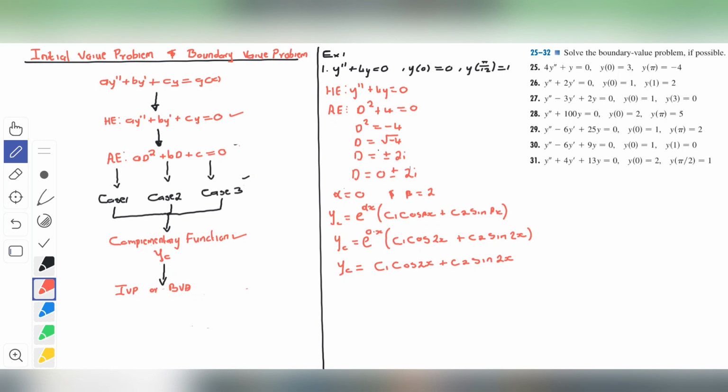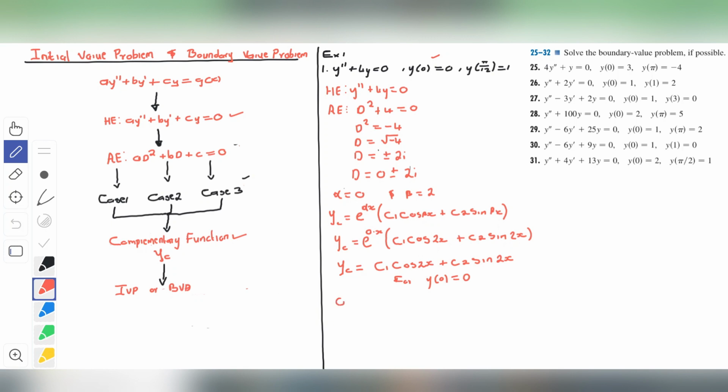How do we find C1 and C2? We are given these values. The first point, y of 0 is equal to 0. So therefore, where we see y, we're going to replace it with 0, and where we see x, we're going to replace it with 0.